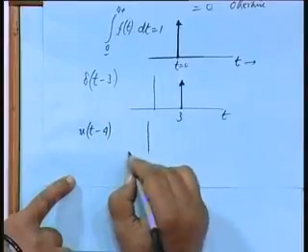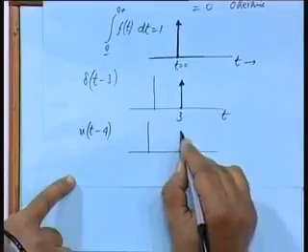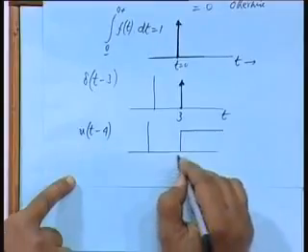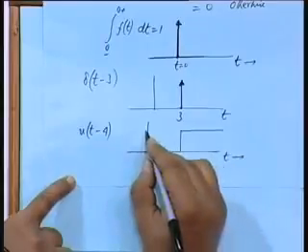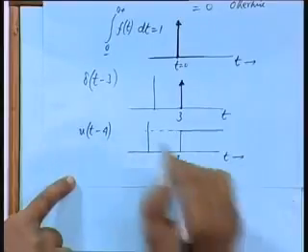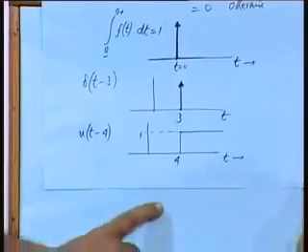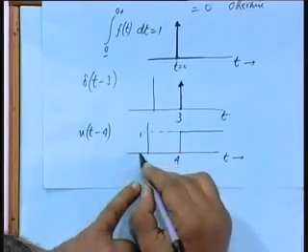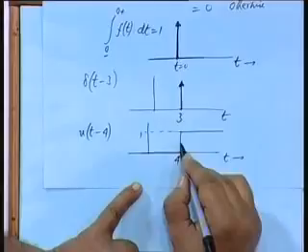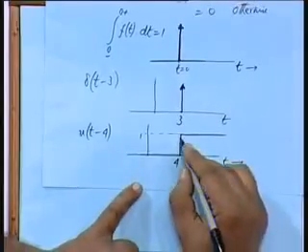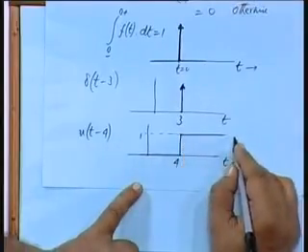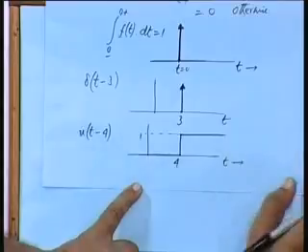It is the shifted version of the unit step. U t minus 4 represents a function which starts at t equal to 4. It is unity after that, before that it is 0.